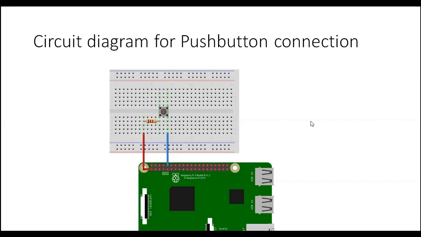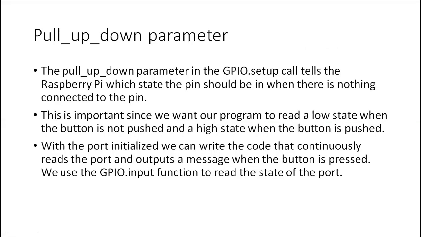This tells whether your push button is in a low state when the user has not pressed it, or in a high state when the user has not pressed it. That is decided by this parameter. By using this we can write a program to read the state of the button. In the next slide we explain the pull up down parameter.